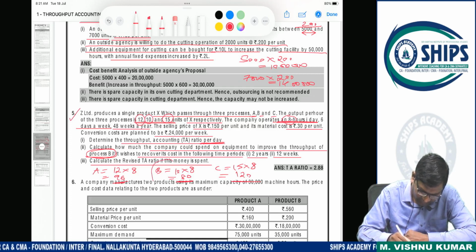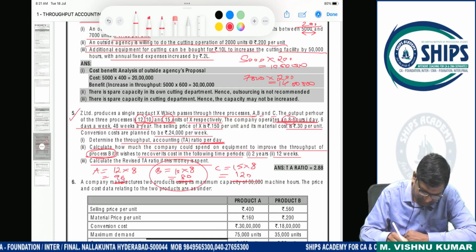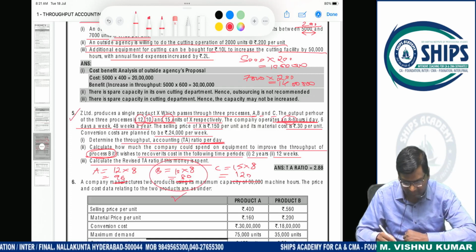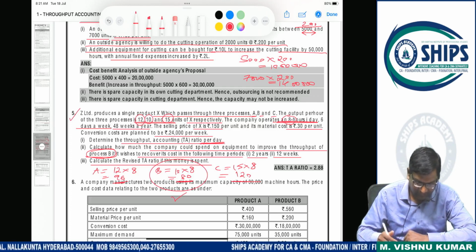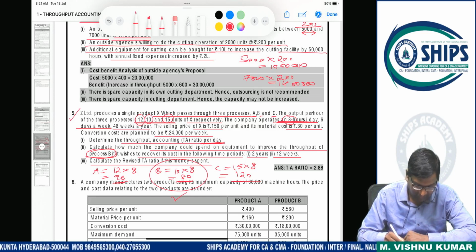So the bottleneck process is process B, because the capacity of B is less than C and A.